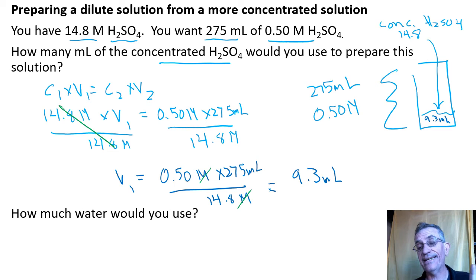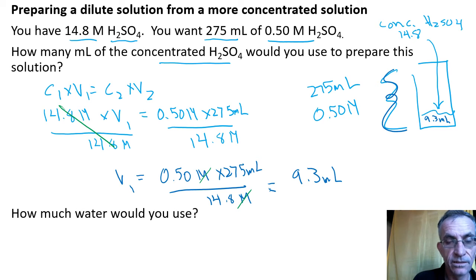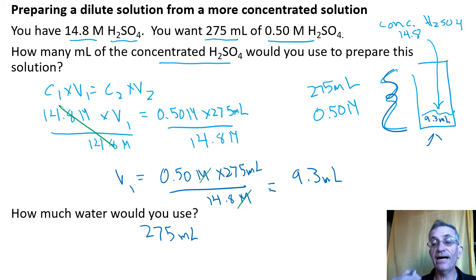Now, the way to figure that out, it's actually not a bunch of math, or not an equation at least. If you want to know how much water we're going to use, well, remember again, we want to create 275 milliliters. So if 9.3 of those 275 are the concentrated stuff, whatever's left, the remaining stuff, that's going to be your water.